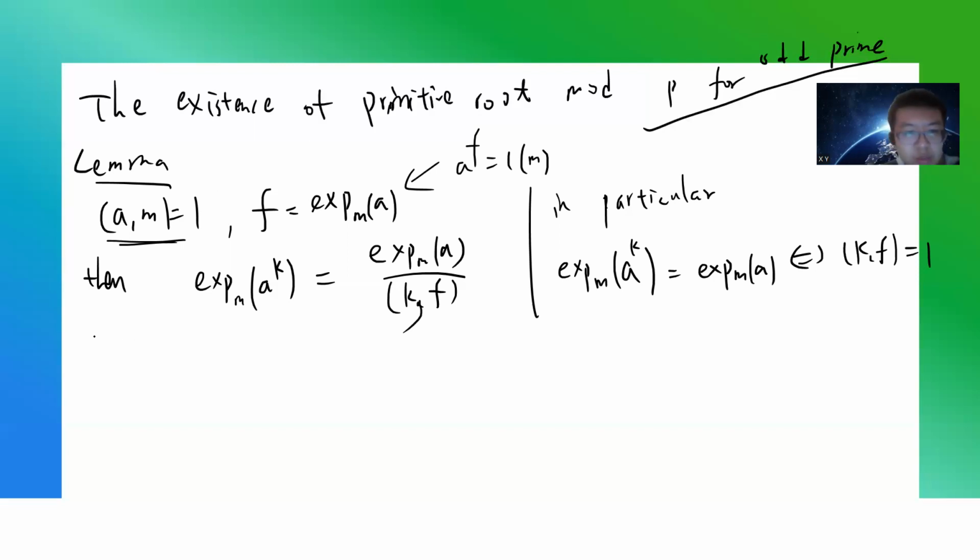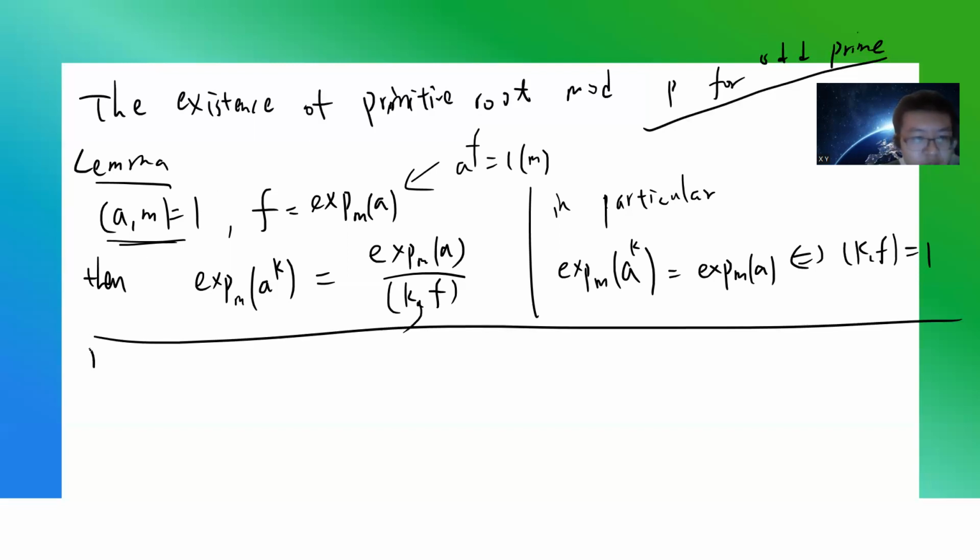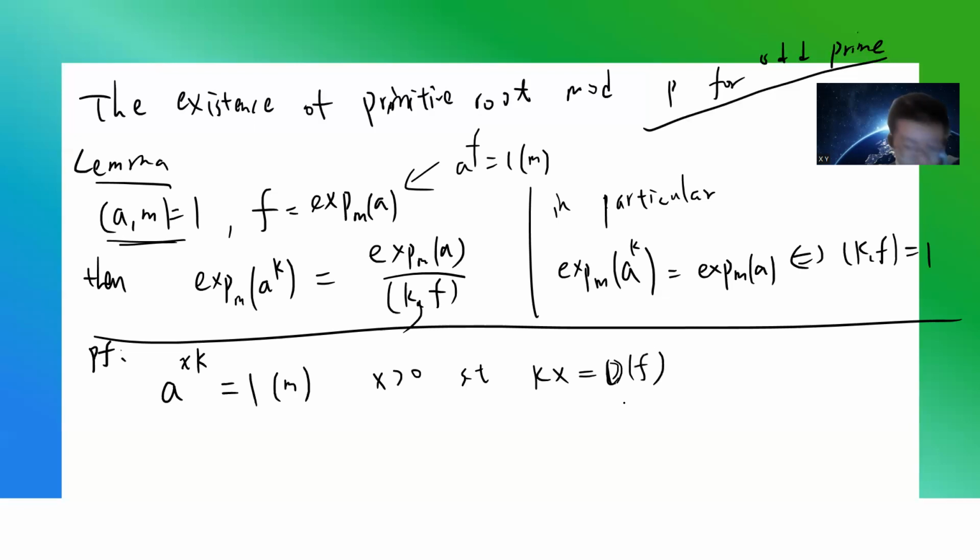Okay, so the proof is fairly trivial. Let x be the smallest positive integer such that (a^k)^x is 1 mod n. By the previous fact, kx must be 0 mod f.